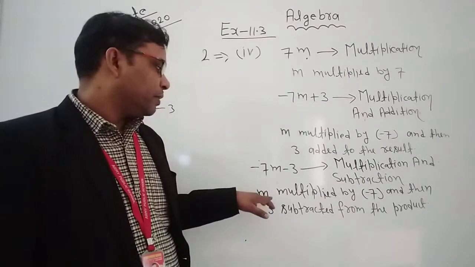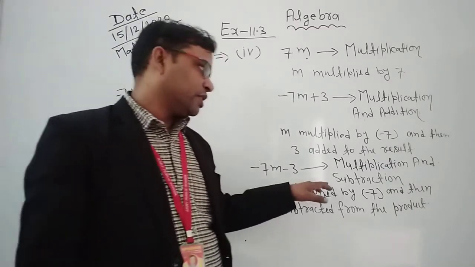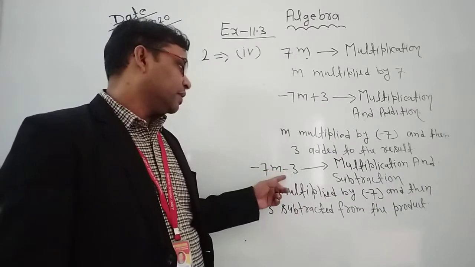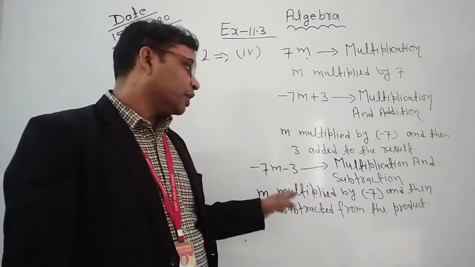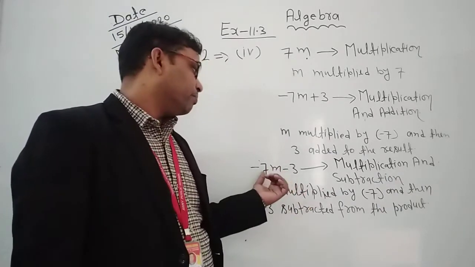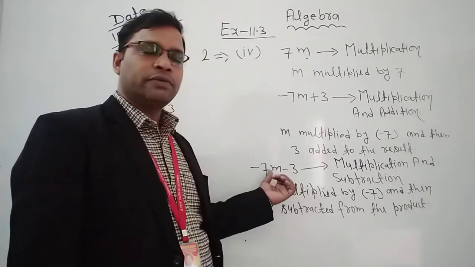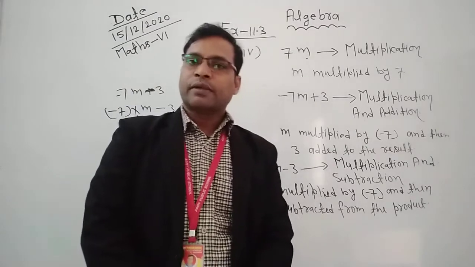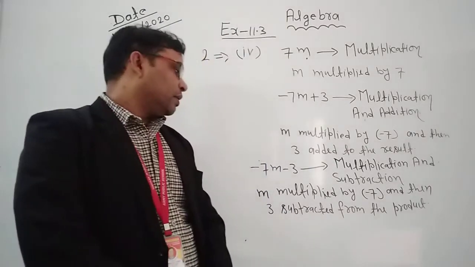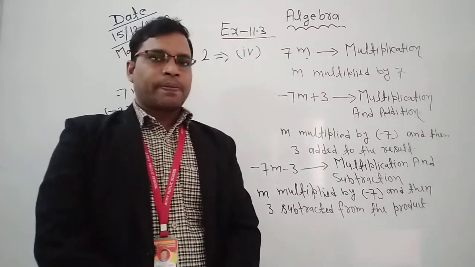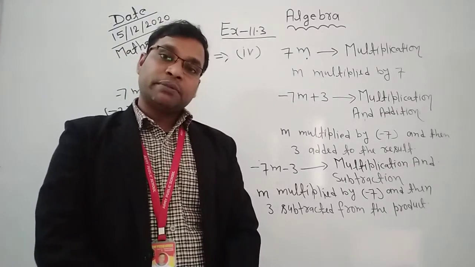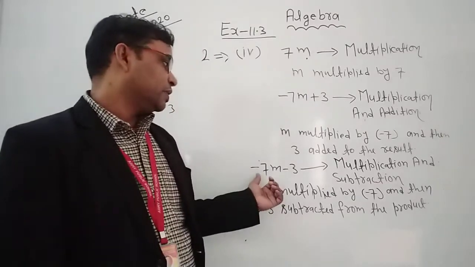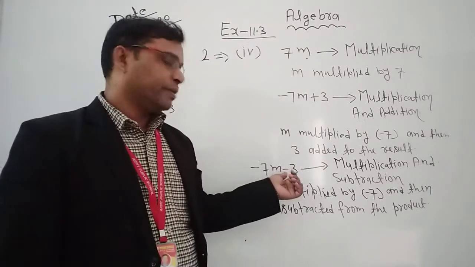You can say m is multiplied by minus 7 and then 3 is subtracted from the product. Product means result. When you multiply m by minus 7, you get minus 7m. After this, 3 is subtracted from this result, so you write minus 7m minus 3.